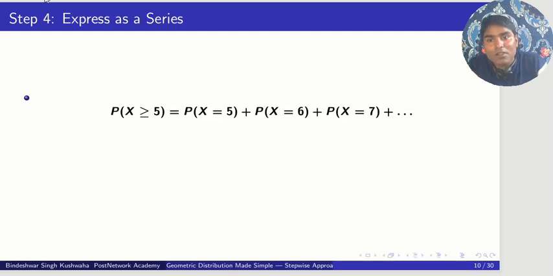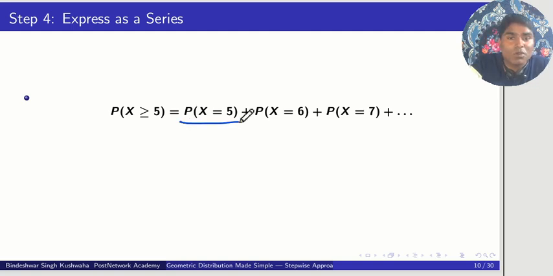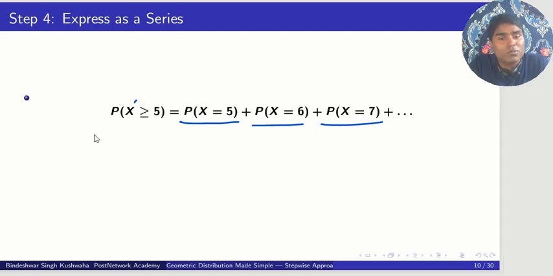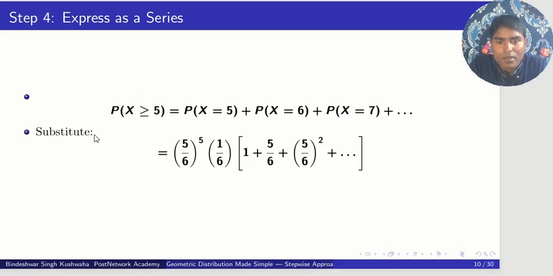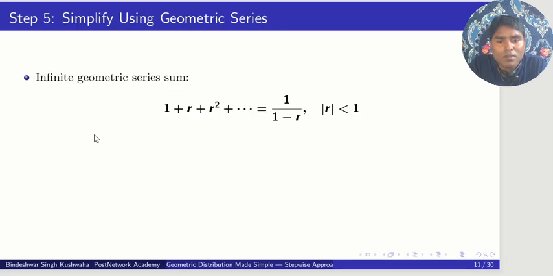Here you will find the sum of these probabilities when x is equal to 5, 6, 7, and so on, because the condition is x greater than or equal to 5, so 5 is included. If we substitute, we get a value that is basically an infinite geometric series sum.